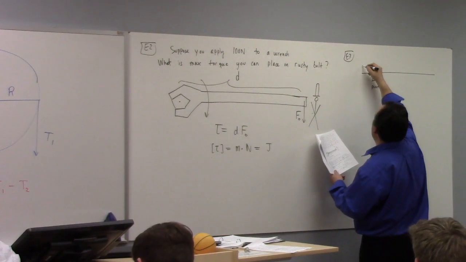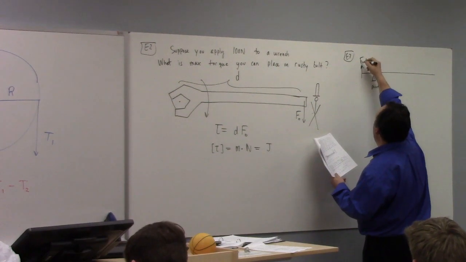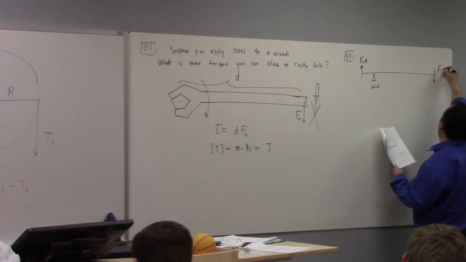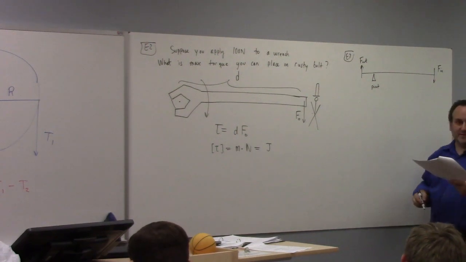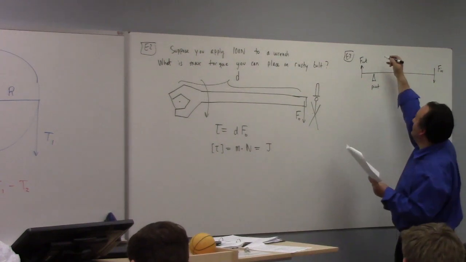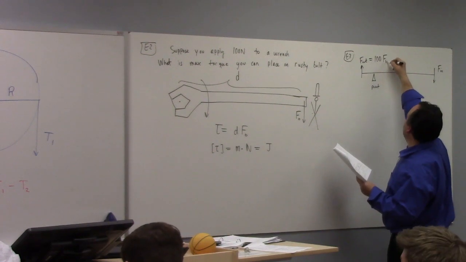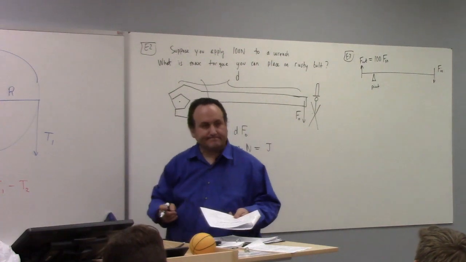You're applying the force here. Here's your output force, and here's your input force. If you want the output force to be 100 times the input, what's the situation you need? How would you achieve that?